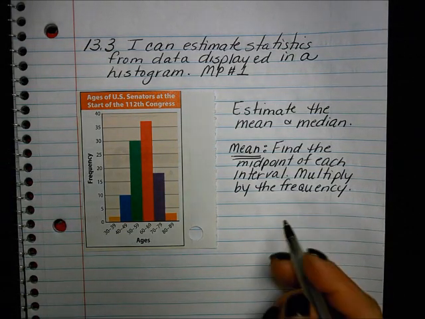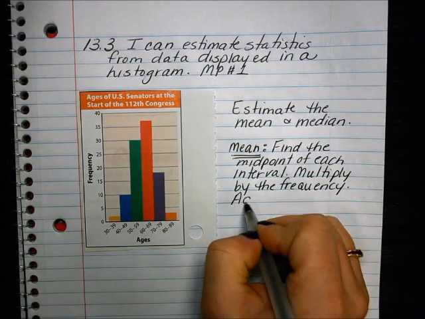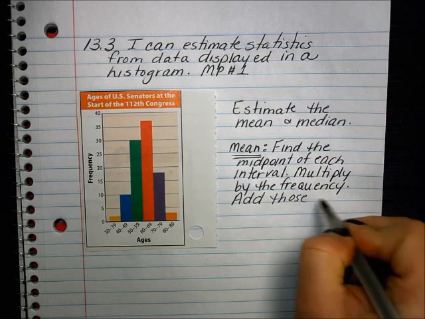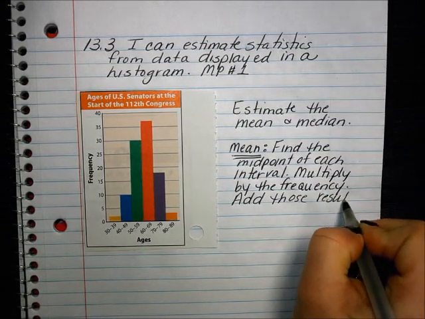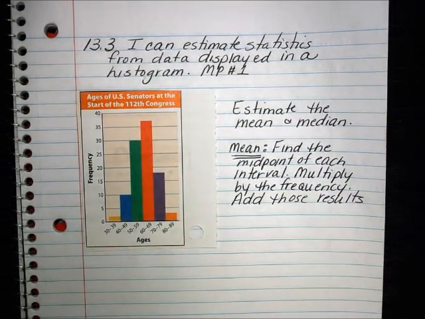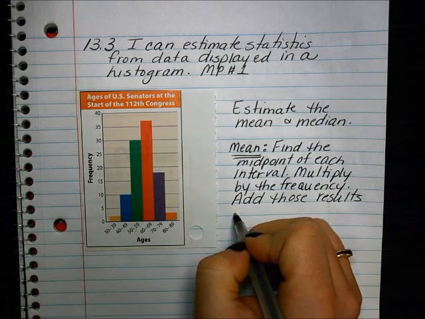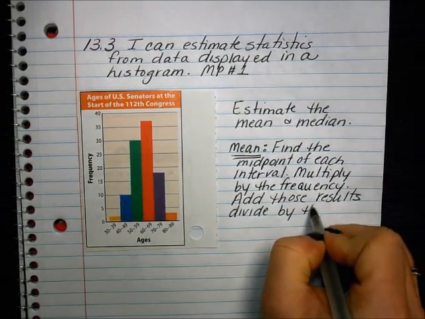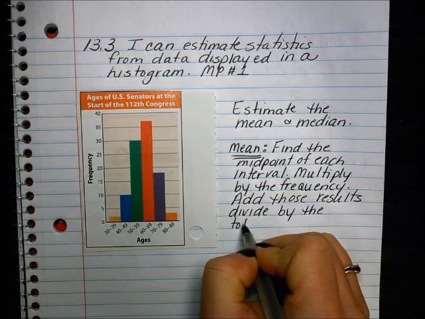Once we know that total, what we're going to do is add those results. We'll add all those results together and then divide by the total number of values.